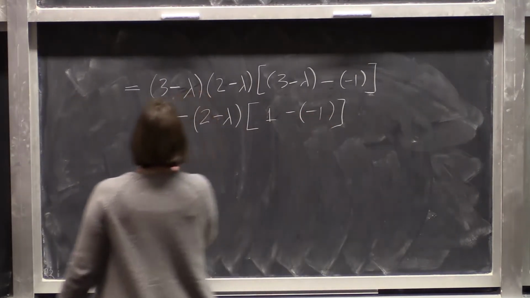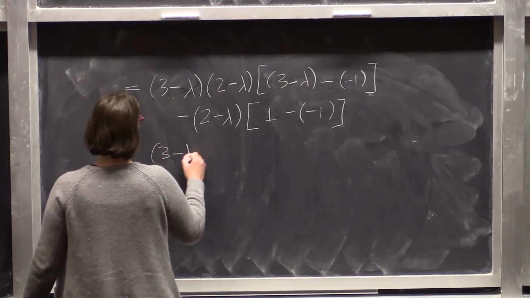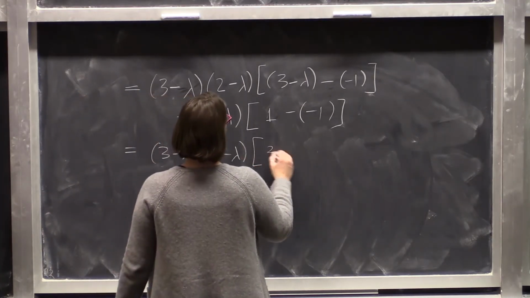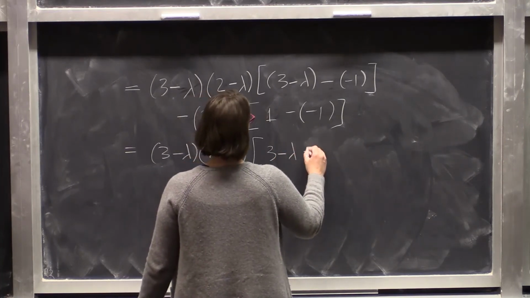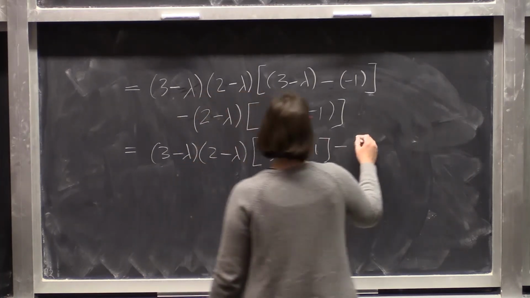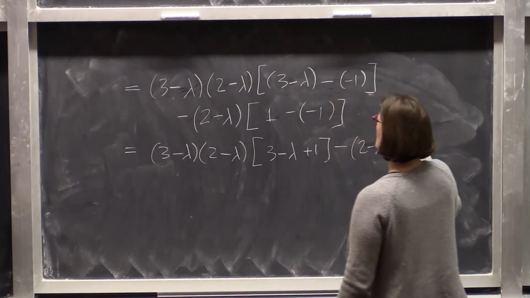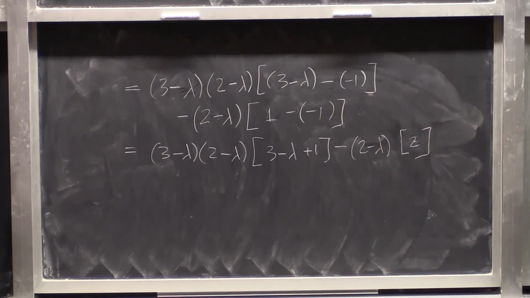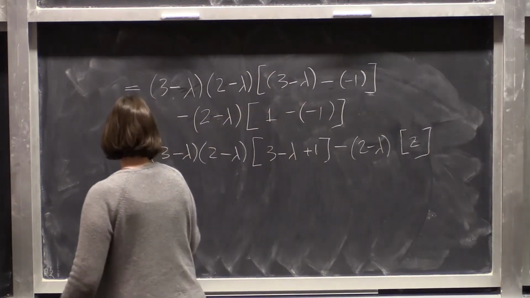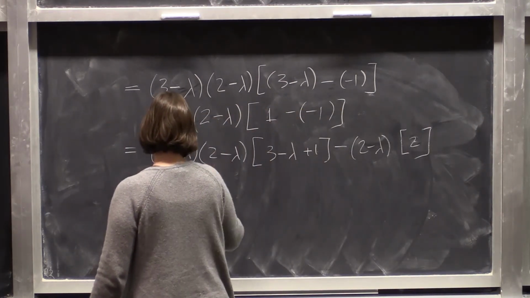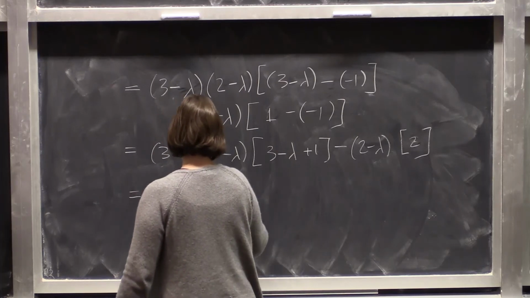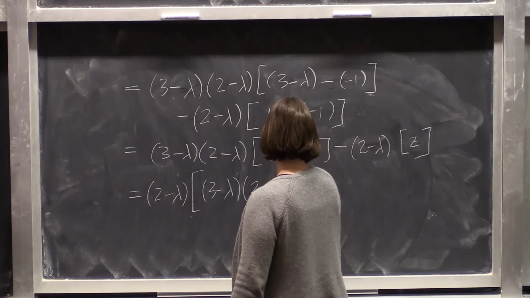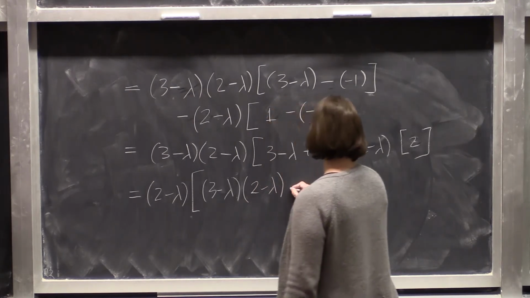Minus 1. So here I have 3 minus lambda, 2 minus lambda, times 3 minus lambda plus 1, minus 2 minus lambda times 2. So this is 2 minus lambda times 3 minus lambda times 2 minus lambda minus 2.